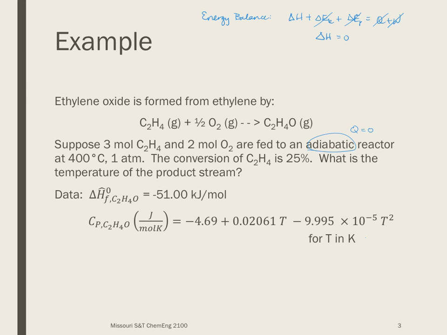And I've got the material coming in at 400 degrees C, 1 atmosphere. So from 400 degrees C, I'm going to take it to 25 degrees C. This is going to be my feed material. And then I'm going to let the reaction happen.